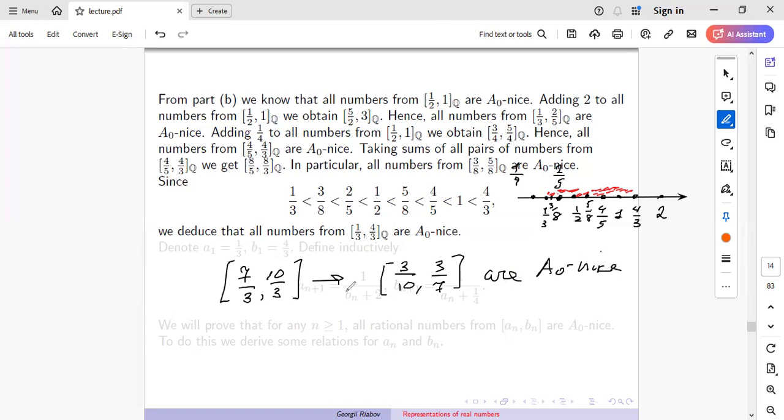If we add 1 over 4 to 1 over 3 and 4 over 3, we will get 7 over 12 and 19 over 12.